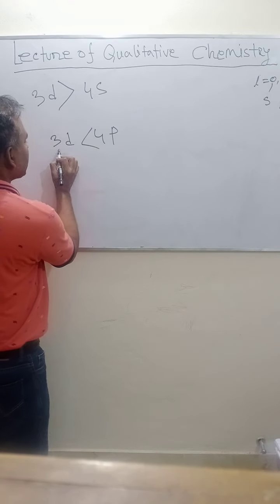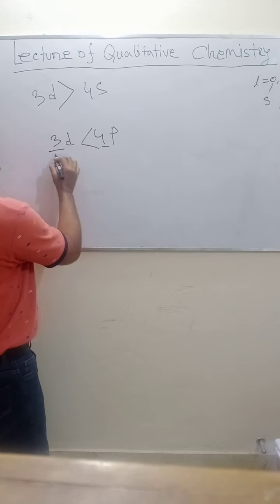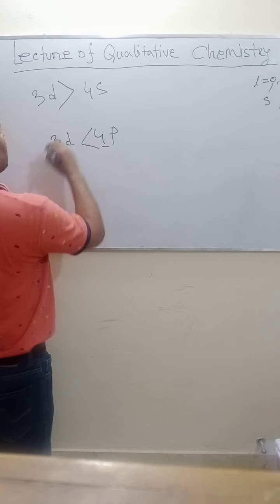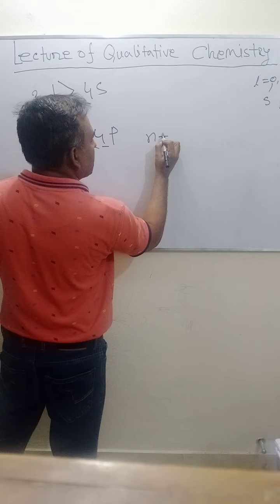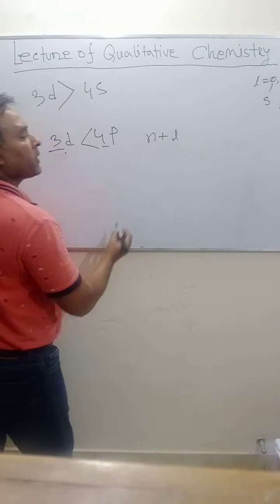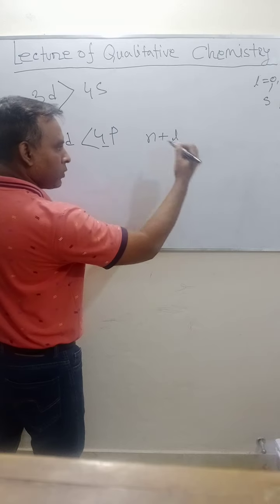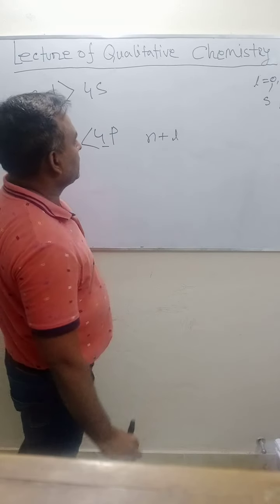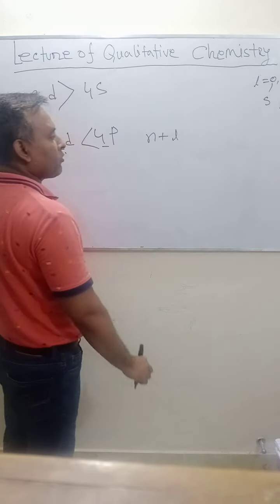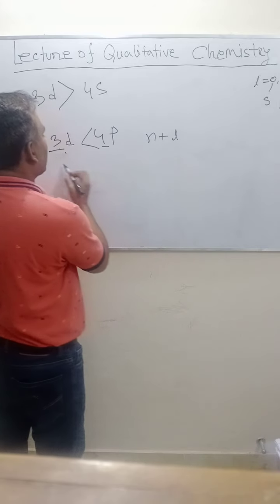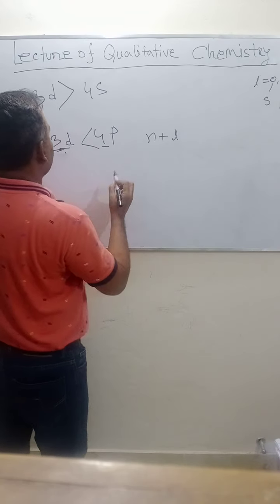It is due to the shell. So from the value of n plus l, you can easily decide where the electron will be filled first.